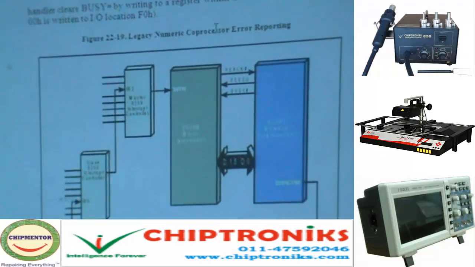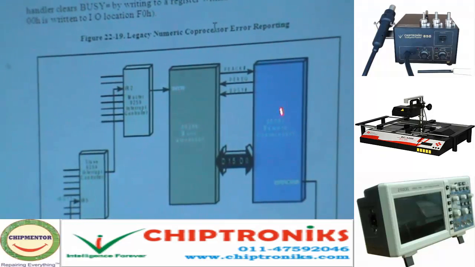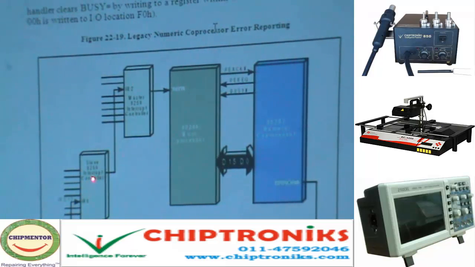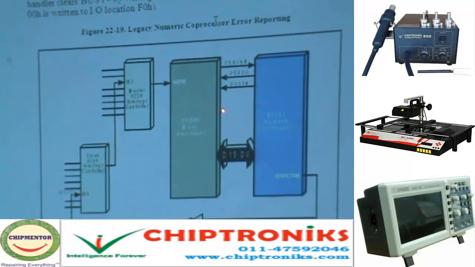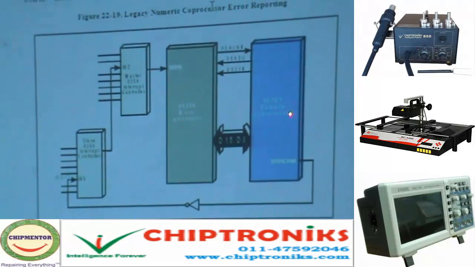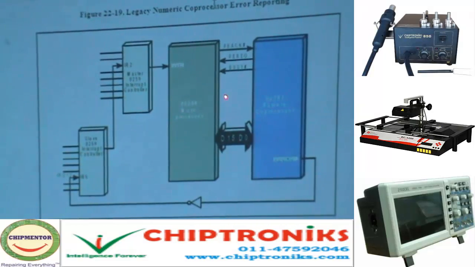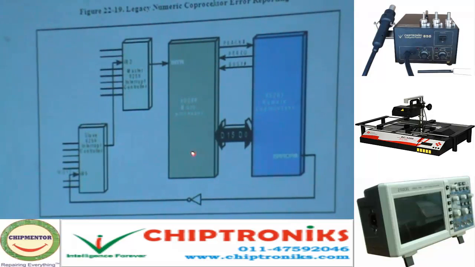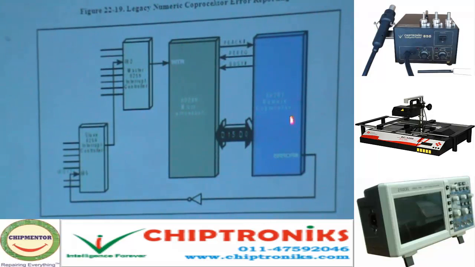These are the legacy numeric coprocessor error handling. There are two important things present, the numeric coprocessor and the interrupt controller. Whenever your CPU gets a floating point calculation, it will transfer that calculation to the numeric processor, and the coprocessor will release a busy signal to your CPU saying that I am busy with that calculation, do not feed me another calculation.